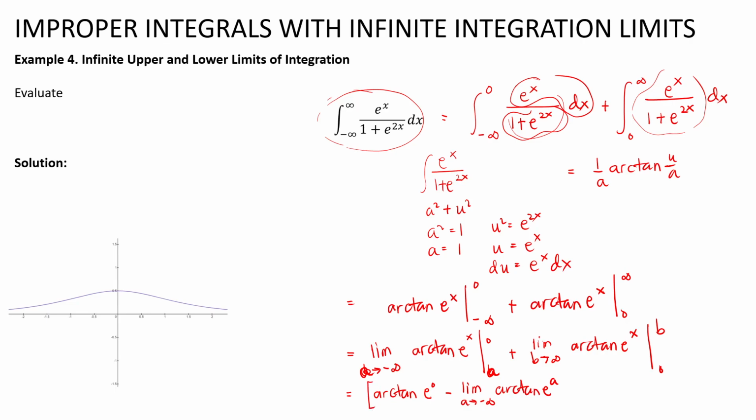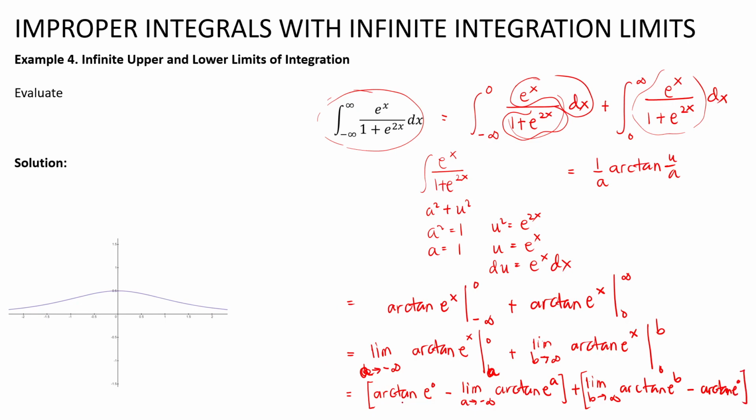So this is the first term. Plus the second term. Lower limit is 0 and then upper limit is infinity. So limit of b approaches infinity, arc tangent e to the power of b, and then minus arc tangent e raised to the power of 0.